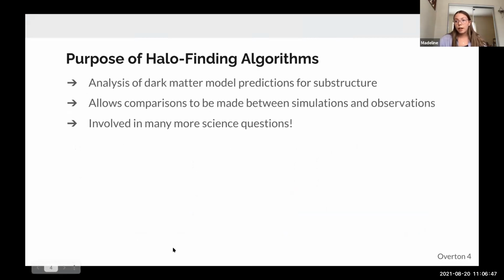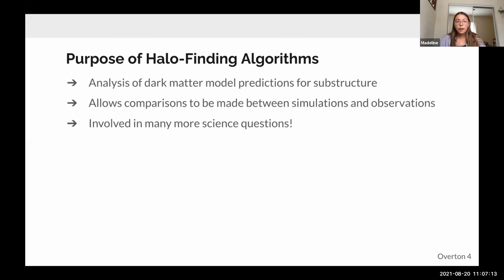And so halo finding algorithms are involved in so many science questions that are surrounding the subhalo mass function. The two examples I've just gone over are being able to analyze dark matter model predictions for substructure, and this is a big determining factor for finding the best candidate for a dark matter model and constraining the dark matter particle.